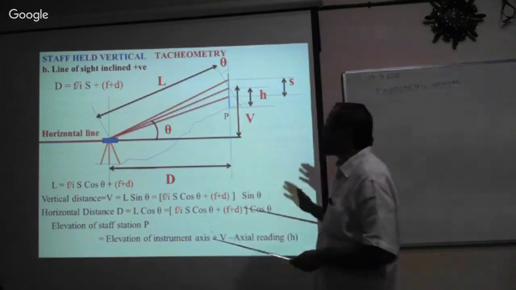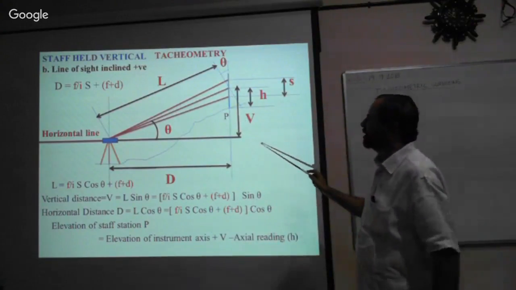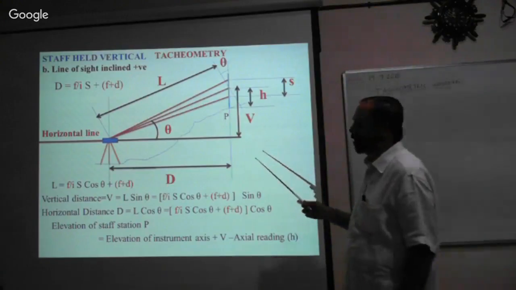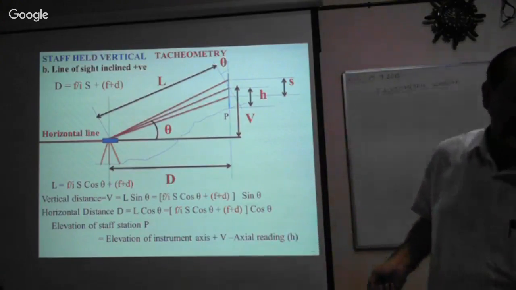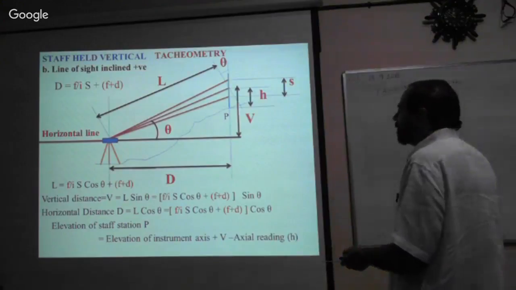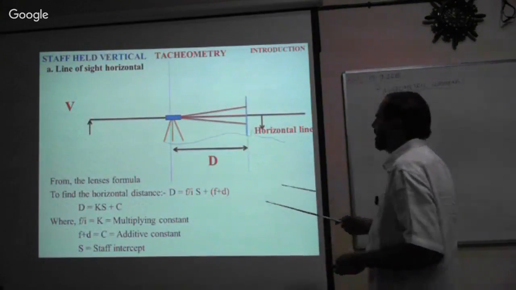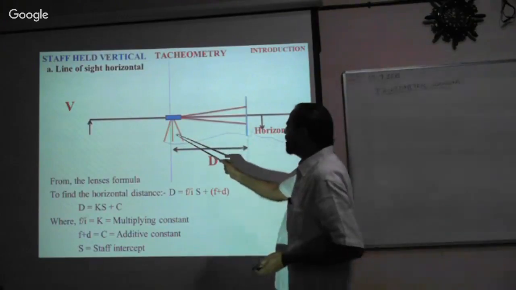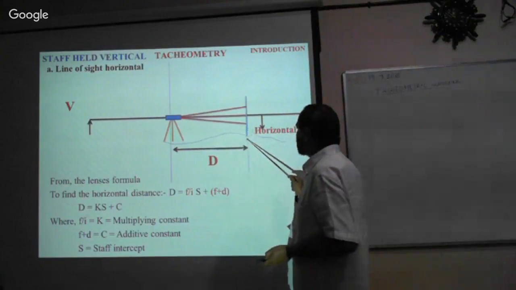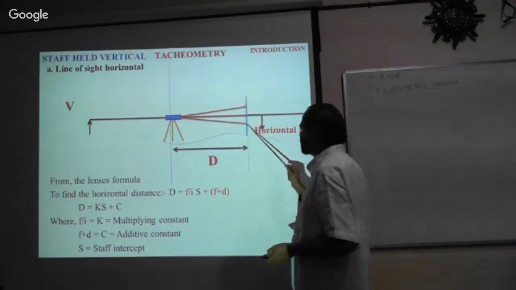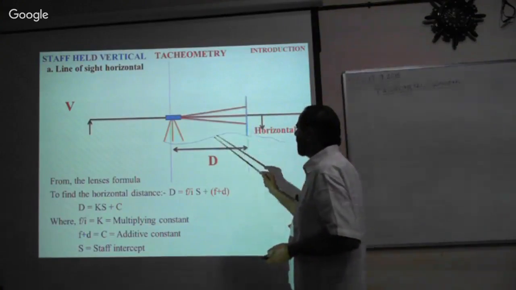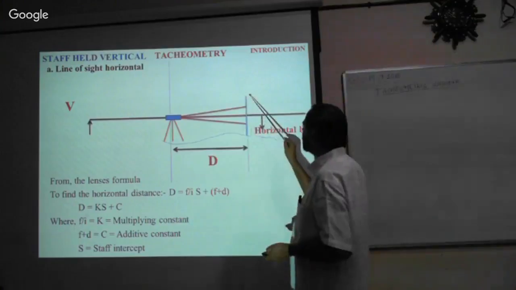Now we have this data, and this is the situation. Please understand this technique. In the previous case, the line of sight is horizontal and the staff is vertical.